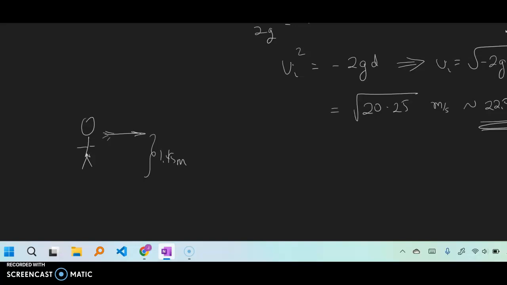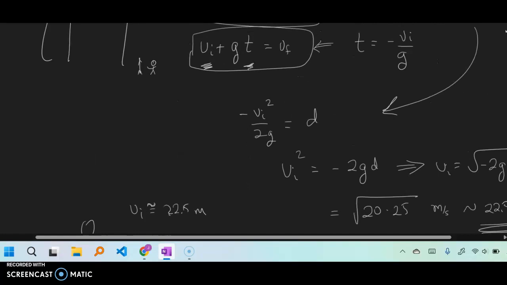So I'm going to put this VI, which I think is roughly about 22.5 meters per second, and you can get the more exact value later. And I ask myself, if the only way to do this problem is to imagine that the air isn't affecting the arrow, how much time does it take for it to hit the ground?